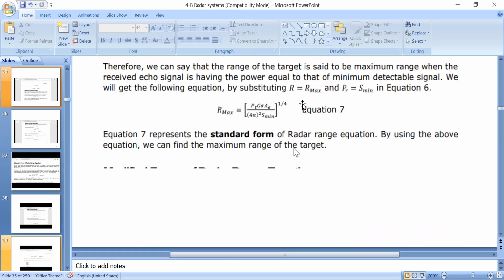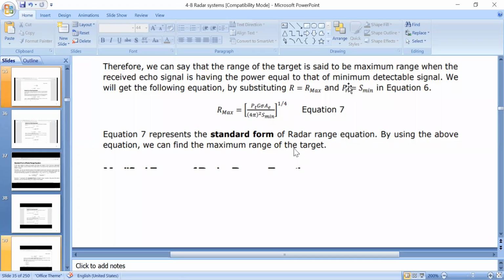So from this, by substituting here, we get the maximum range of the radar range equation. R is simply the range of the radar range equation. So substitute R is equal to R maximum, and PR is the received signal. Here we are substituting S minimum in place of PR. Why are we substituting S minimum?